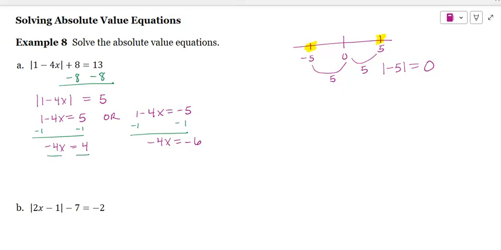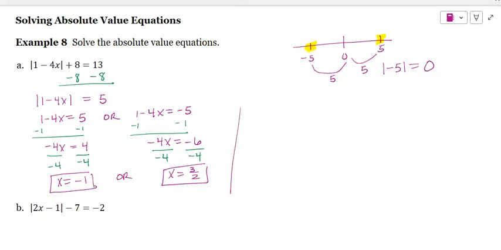Then divide by -4. So I'm getting that x is equal to -1, or x is equal to 3/2. Let's check our answers and make sure that they're correct.